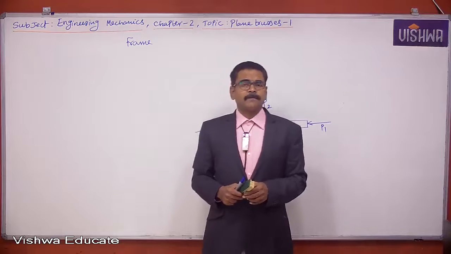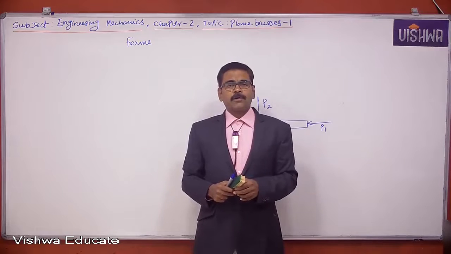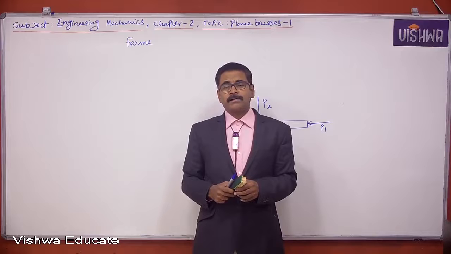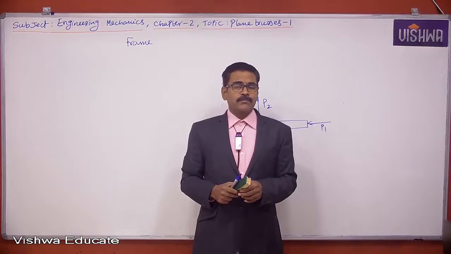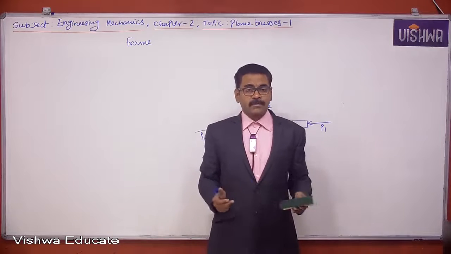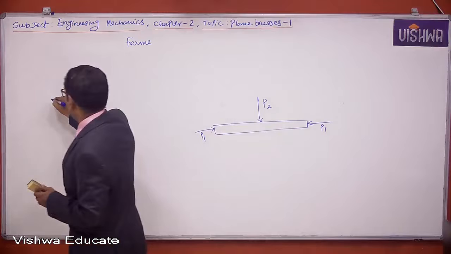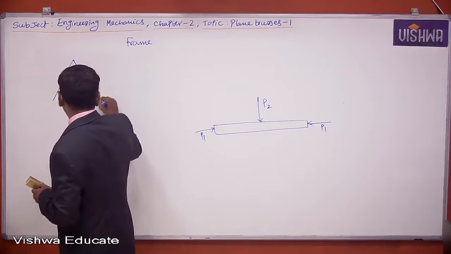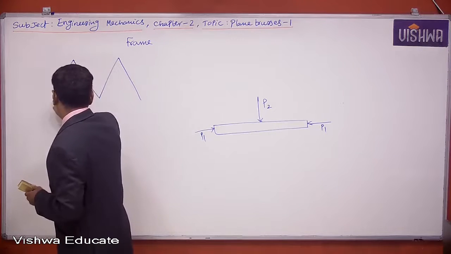And third point, in frames, load need not be applied only at joints. Some loads could be applied at joints, some loads could be applied at members. For instance, here one truss is there. So here this is a truss.